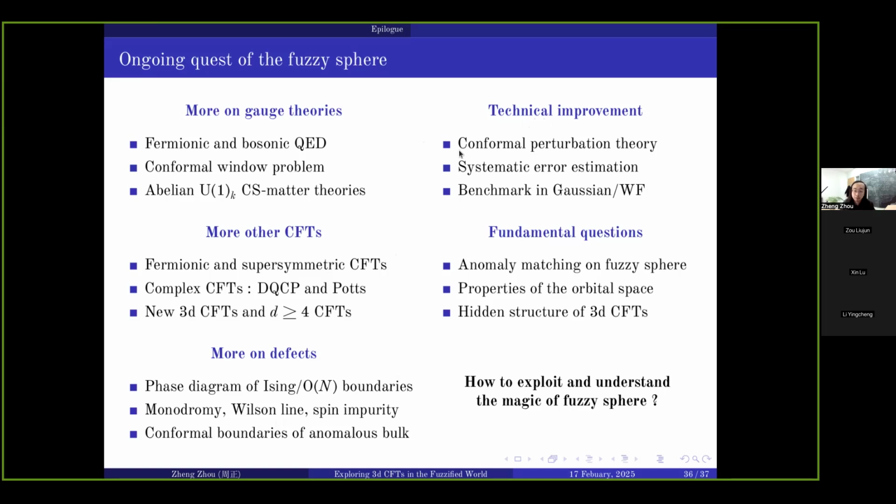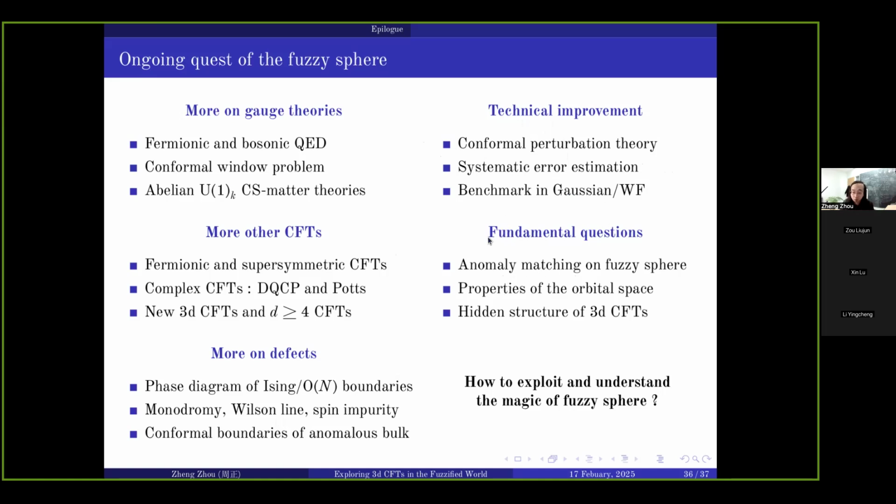Can we further improve the quality of the scaling dimensions we calculate by the conformal perturbation theory? Can we give a systematic error estimation of those quantities we calculate? We are trying to do benchmarks of all those things. All those technical improvements we are trying on Gaussian or Wilson-Fisher theories.